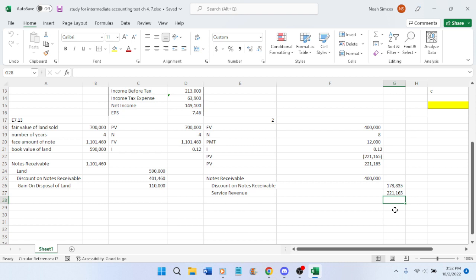Really? No, we don't want to solve for present value. We want to solve for payment. No, we want to solve for present value, stupid moron.